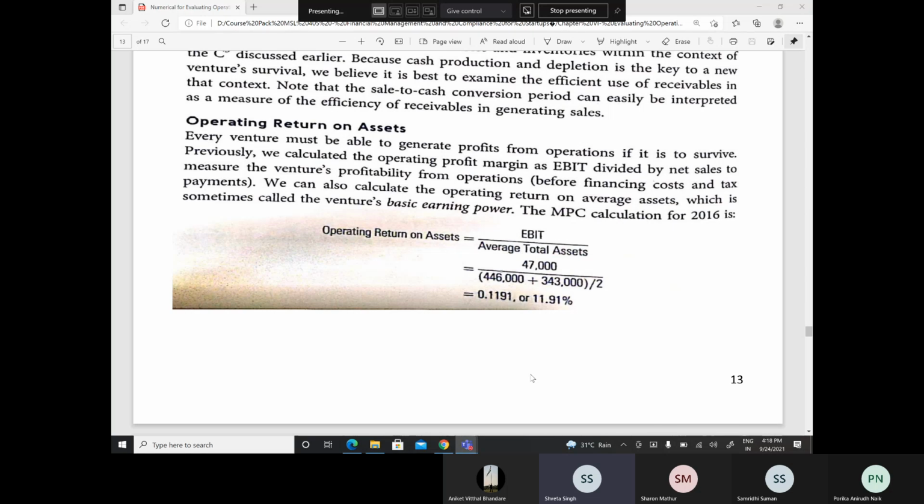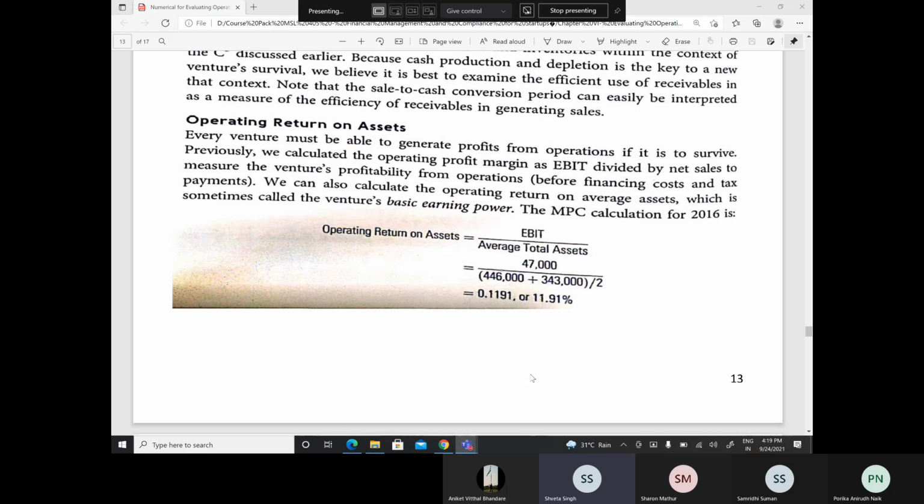The MPC calculation for 2016 is EBIT upon average total assets, which is 47,000 divided by (446,000 plus 343,000) divided by 2, which is 11.91%. So this is called the operating return on assets, also called the basic earning power.